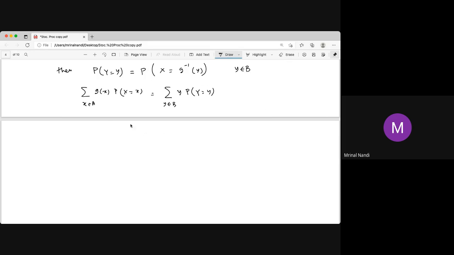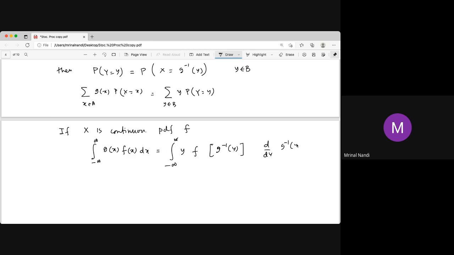Then what about the continuous type? If x is continuous with PDF f, then the integral from minus infinity to infinity of g(x) f(x) dx is actually, by a change of variable y, the integral of y times f of g inverse of y, times the absolute value of d/dy of g inverse of y, dy.